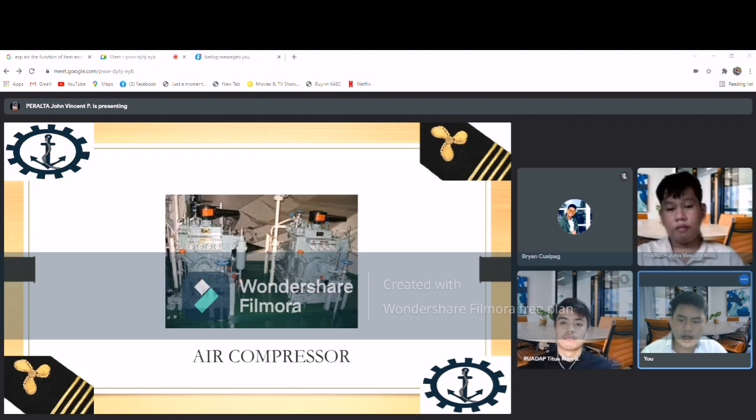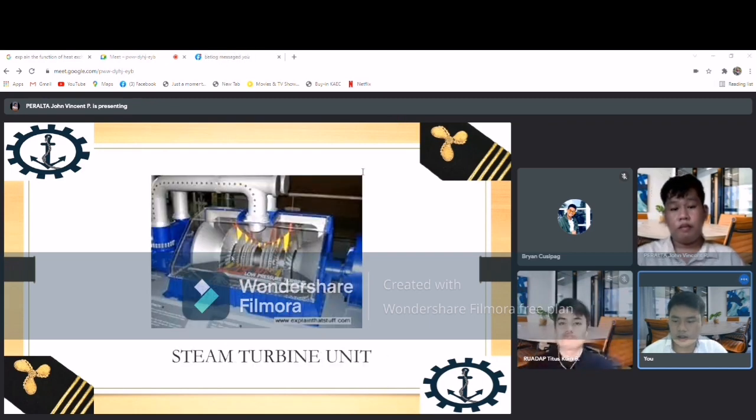In the starting air system, high pressure air is produced in the compressor, which is further cooled in an intercooler which acts as a heat exchanger. Next is the steam turbine unit. If a ship consists of a steam turbine or turbine generator, normally a spiral heat exchanger is used for heat transfer.